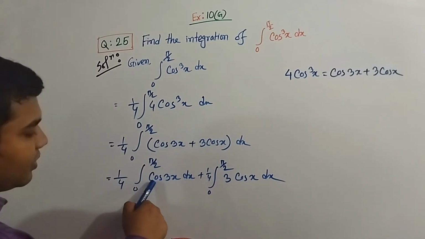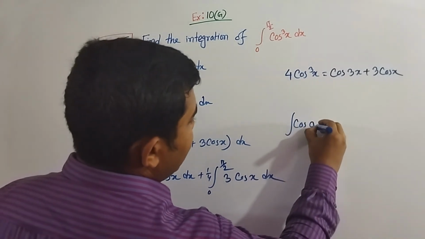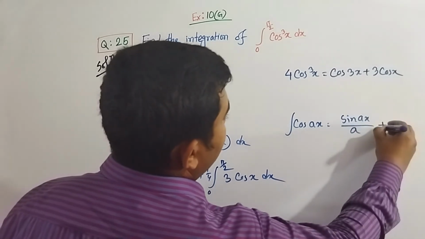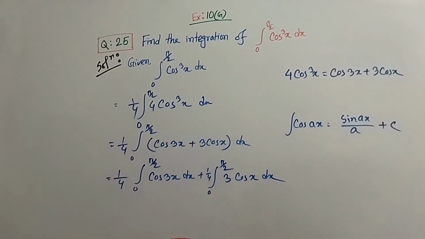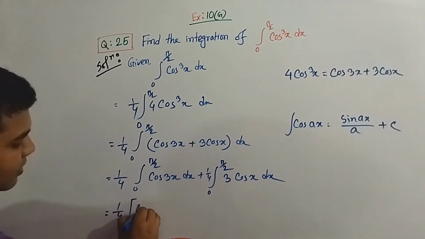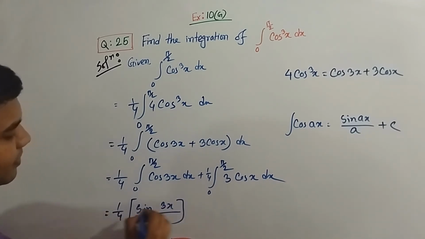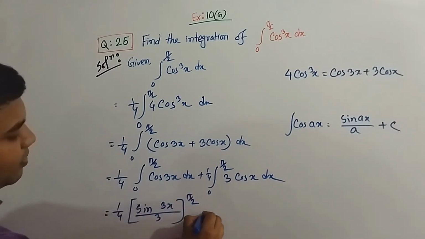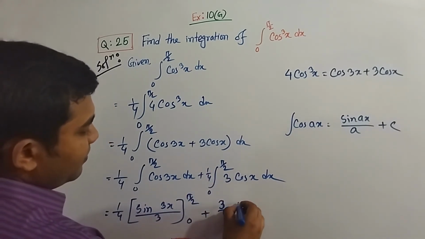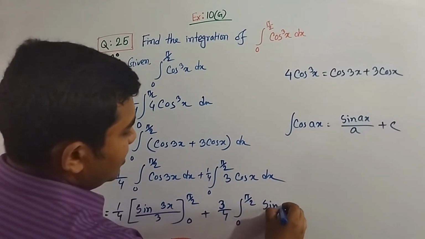So if we integrate cos 3x, what will we get? We know the integration of cos ax is sin ax divided by a, plus c. Since this is a definite integral, I will write 1 by 4 sin 3x divided by 3, from 0 to pi by 2, plus 1 by 4 times 3, that is 3 by 4, the integration from 0 to pi by 2 of sin x.